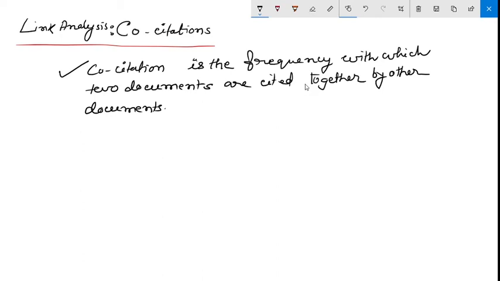By other documents. This is the definition of co-citations.